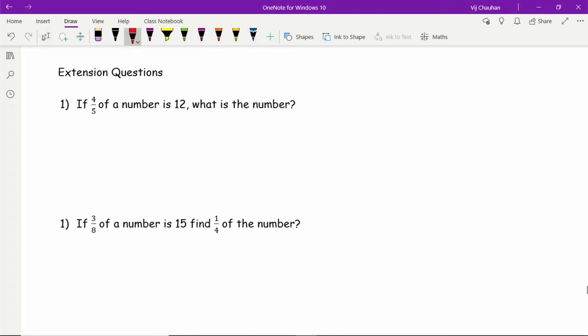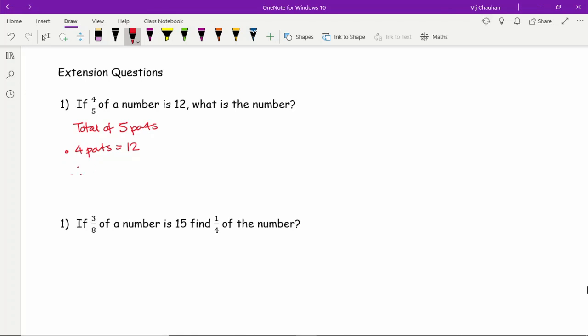Now, to break this question up, we know that we've got a total of 5 parts. And we know from this question that 4 parts equals 12. We know that there's 4 parts equals 12, and the answer is how many are 5 parts. So for this, we need to work out what 1 part is.